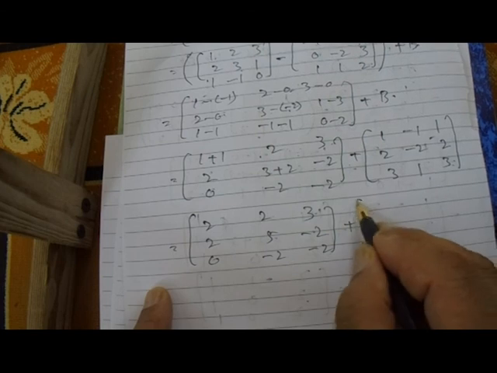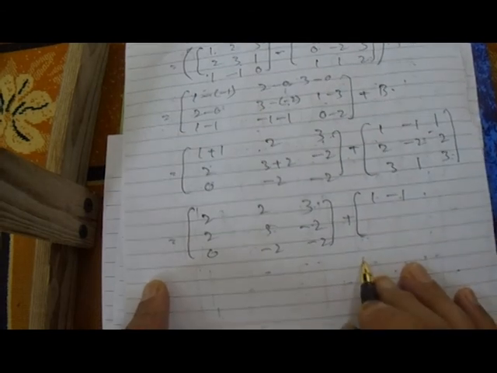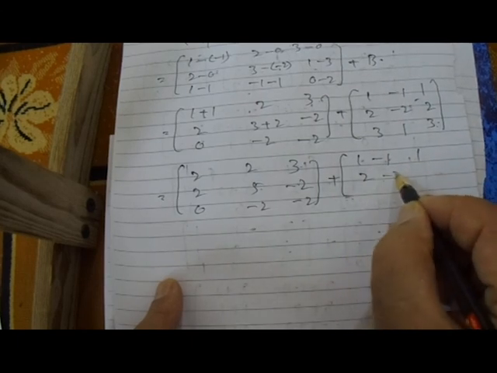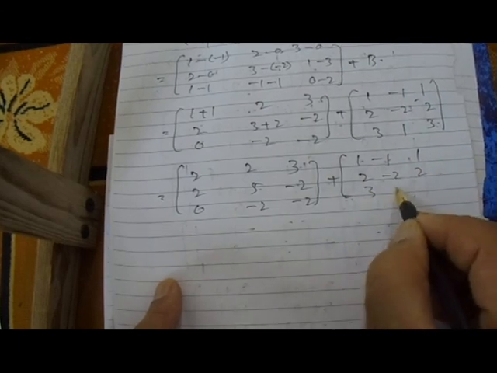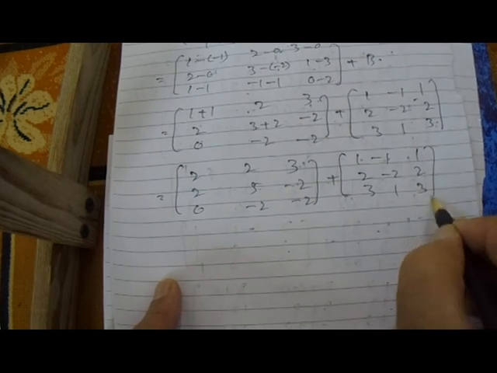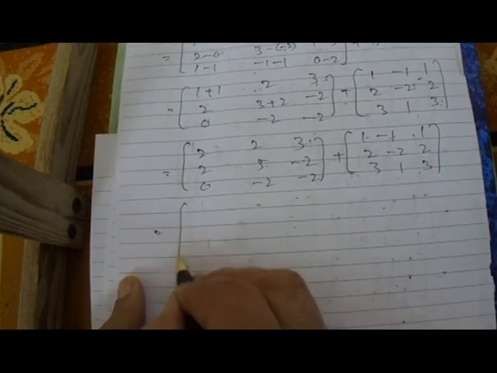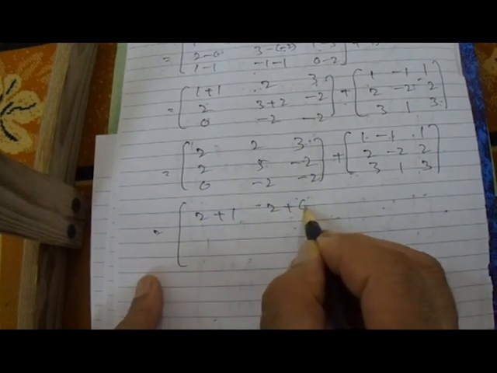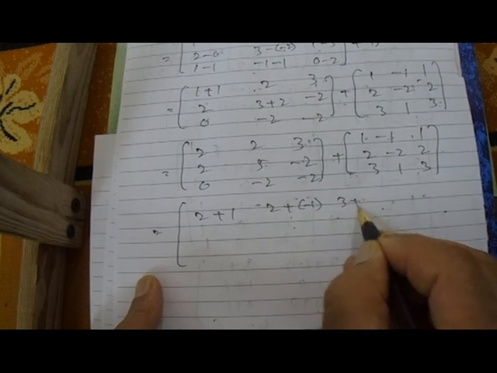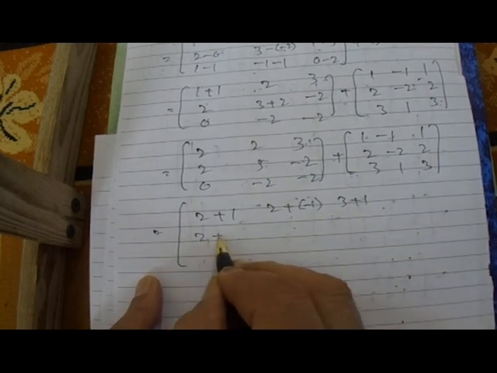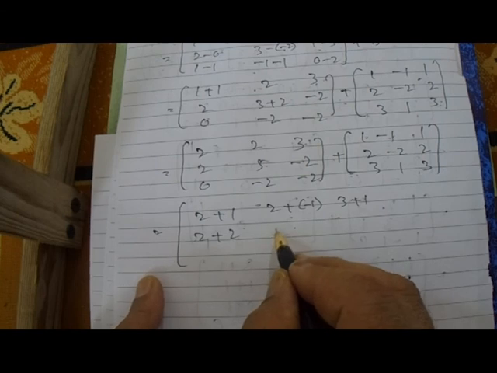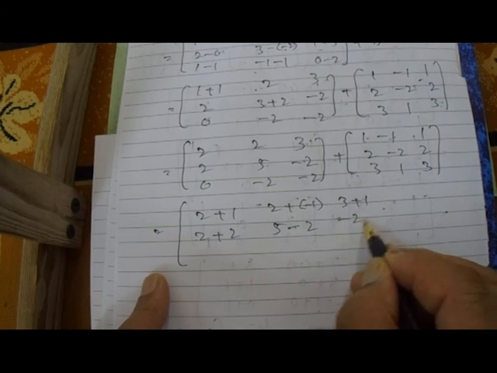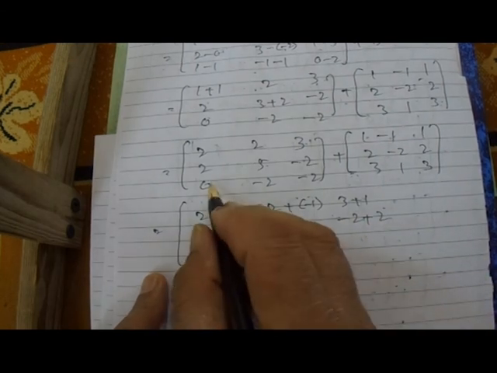We write this again: 1 minus 1 1, 2 minus 2 2, 3 1 3, and this is equal to 2 plus 1 and 2 plus into minus 1 and 3 plus 1 and 2 plus 1, 2 5 5, minus 2 and minus 2 and plus 2 and this 0.